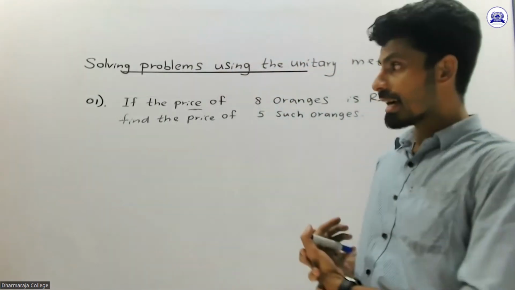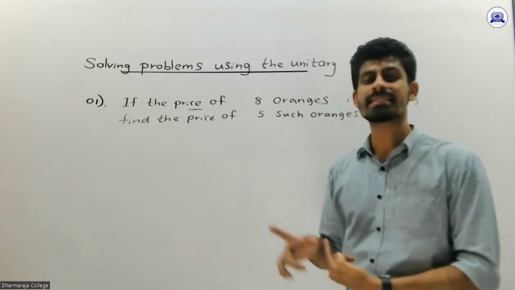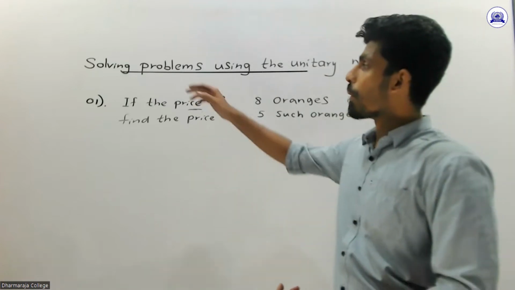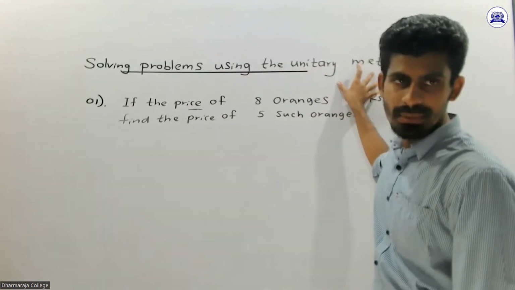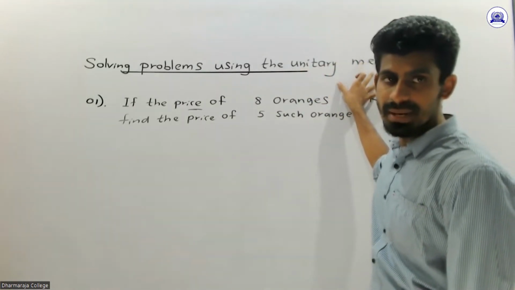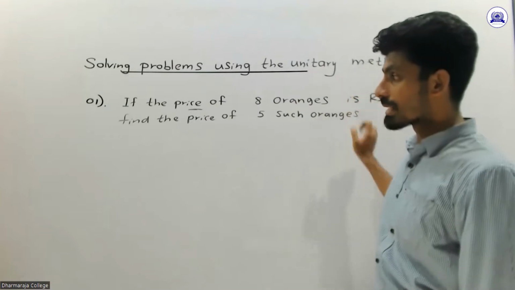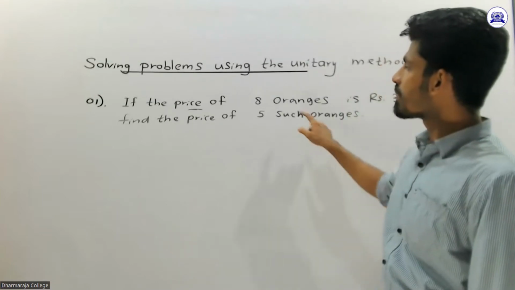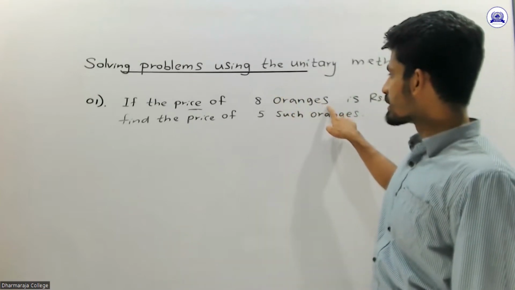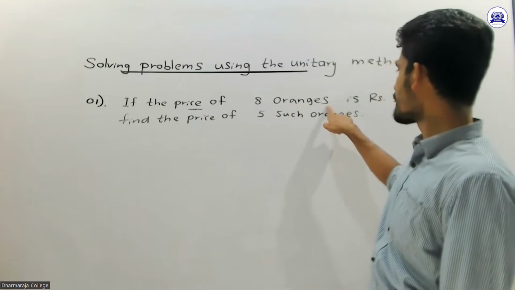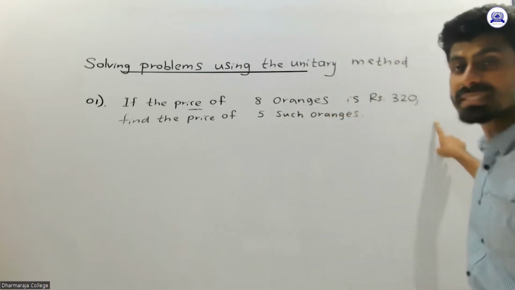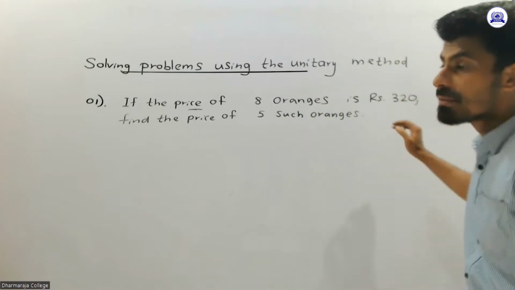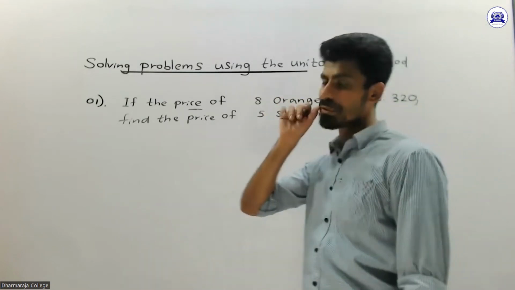Now I'll take the first example, solving problems using the unitary method. If the price of 8 oranges is 320 rupees, find the price of 5 such oranges.